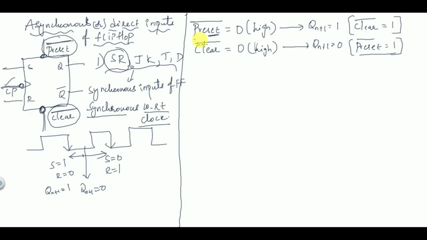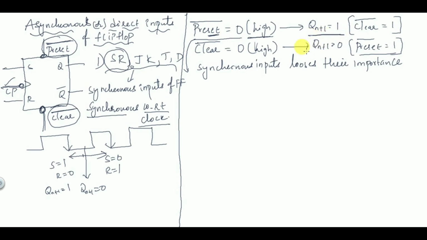When we are given with asynchronous inputs, if asynchronous inputs are made active, then remember this point, synchronous inputs lose their importance. That is, irrespective of S and R inputs in an SR flip-flop, if you make preset is equal to 0, then output is equal to 1.